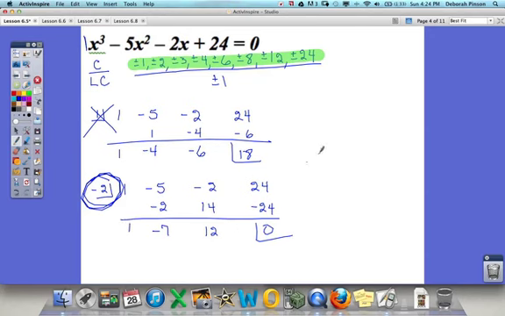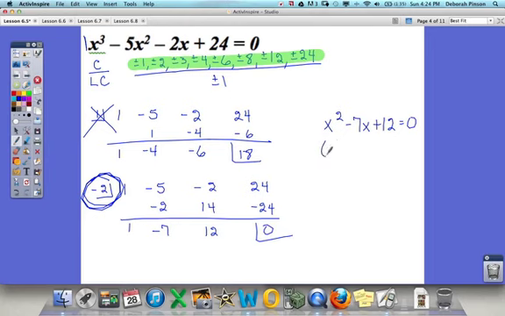Now let me write out what I have down here. x squared minus 7x plus 12, and it's still set equal to 0. Now to find my other two answers, I want to solve this. Now it's back down to a quadratic. That's something that we know how to solve. You could solve this by doing quadratic formula or by factoring.